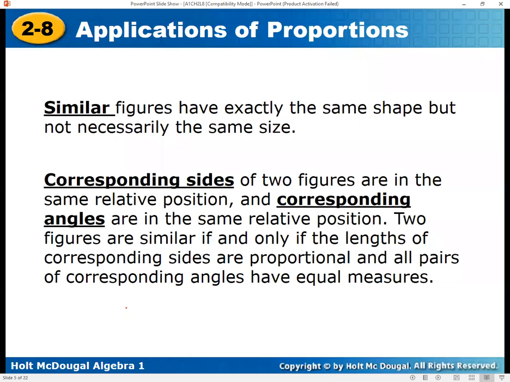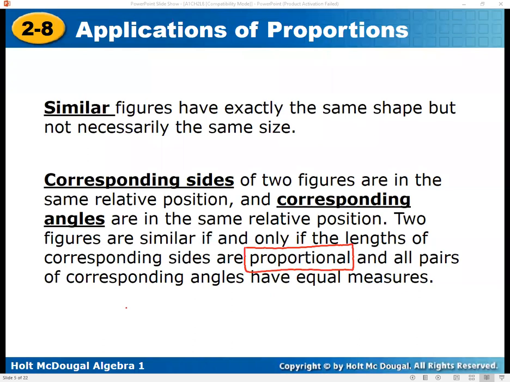Let me check with you something very important at this point. We have corresponding sides and corresponding angles. Take care about these two points. First, what about corresponding sides?